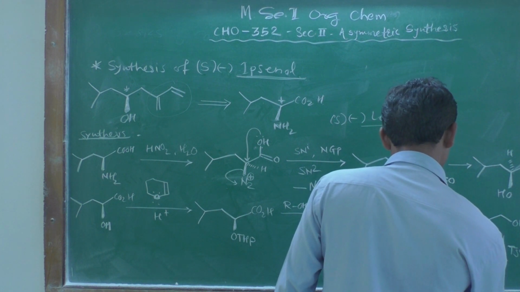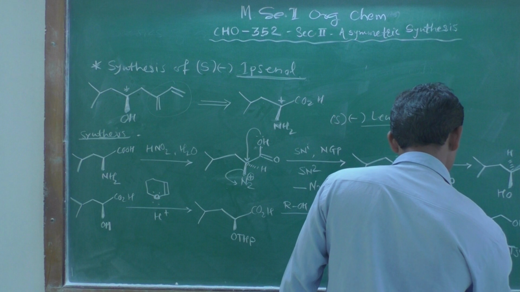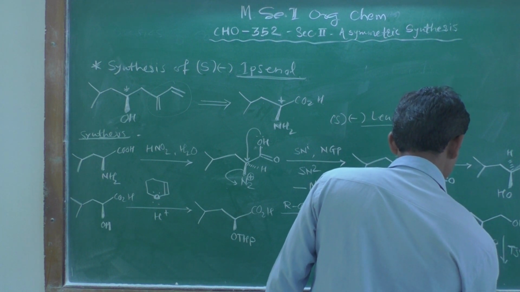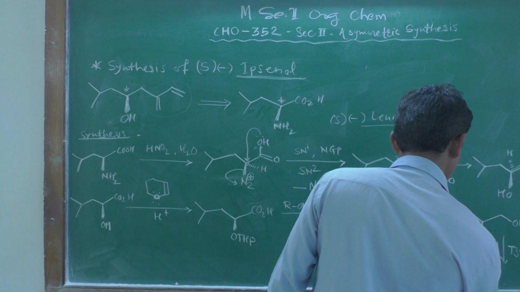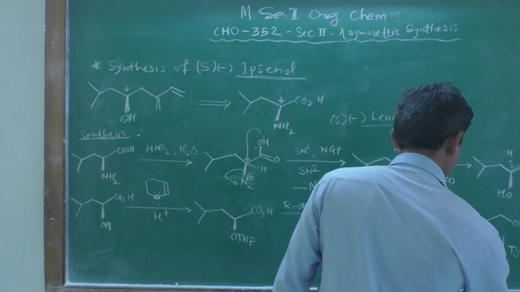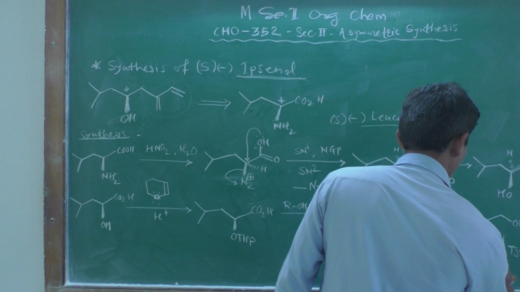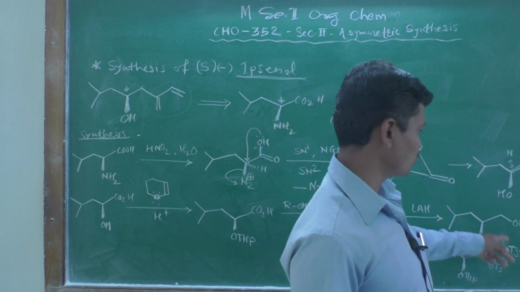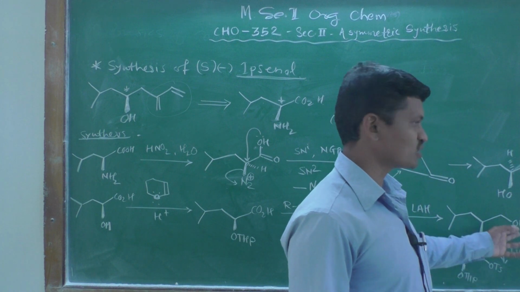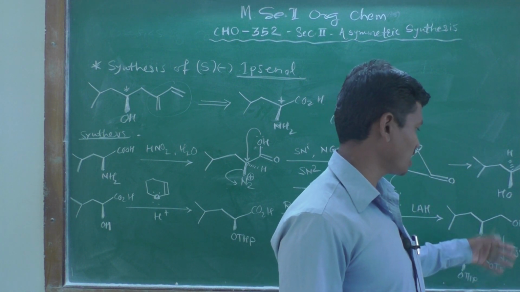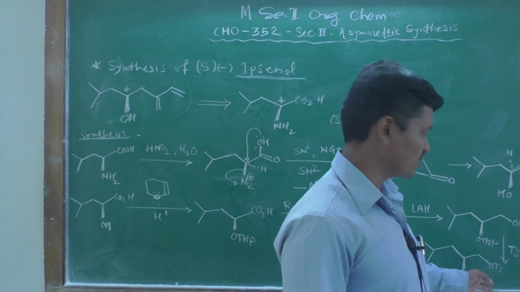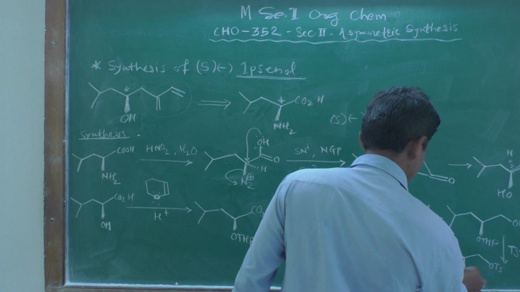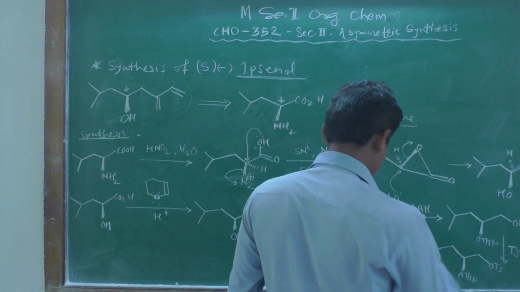So you will get OTHP, CH2OTs. Why is there a need to convert this hydroxy into tosylate? Because hydroxy group is not a good leaving group. We are converting it into a best leaving group, that is a tosylate group. Still the stereochemistry is written here. There is no change.